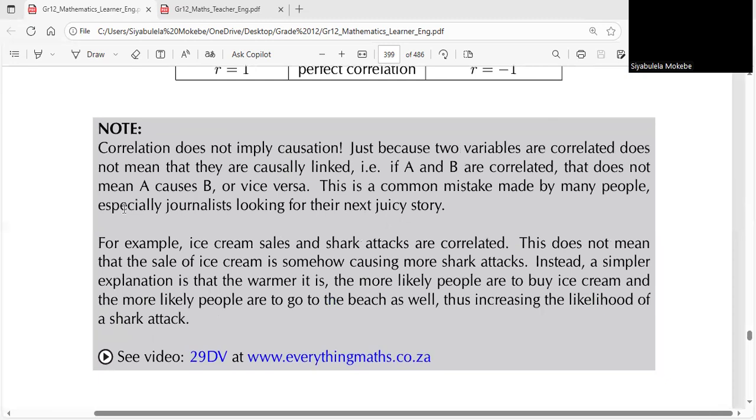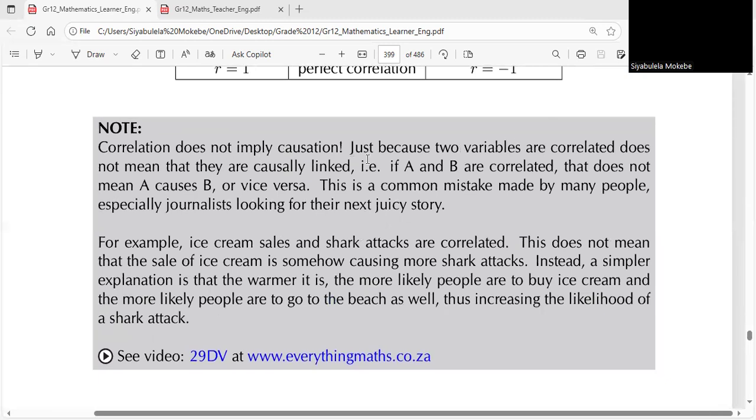Note, correlation does not imply causation. Just because two variables are correlated does not mean that they are causally linked. Meaning, if A and B are correlated, that does not mean A causes B or vice versa. This is a common mistake made by many people, especially journalists looking for their next juicy story.